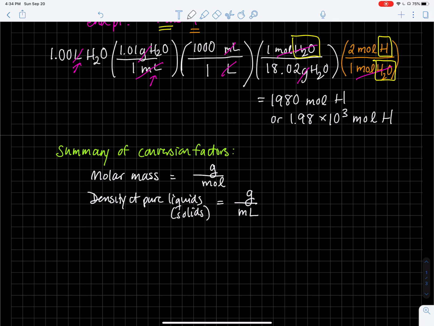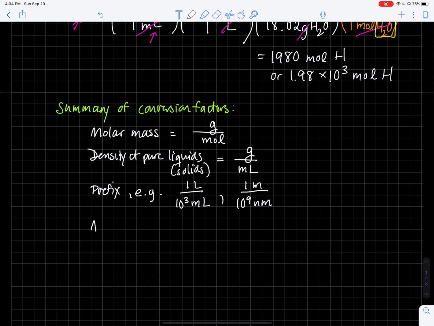So what else have we used here? We've used prefix conversion factors. So for instance, something like 1 liter over 10 to the third milliliters, or 1 meter is 10 to the 9 nanometers you might have used in Chem 111. So prefixes, you sometimes have to look them up to see what they mean, but we have used those.